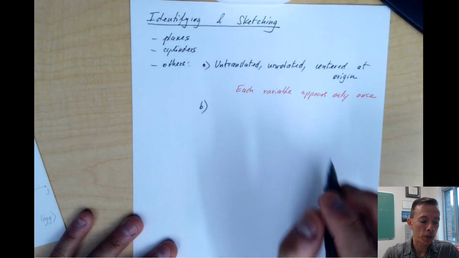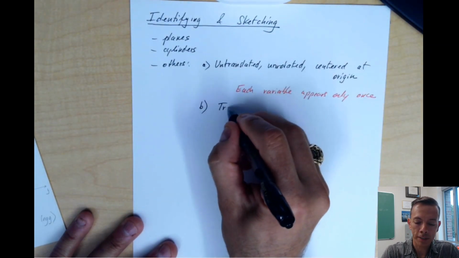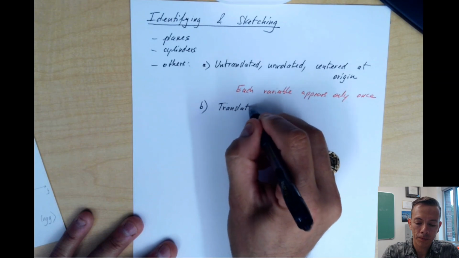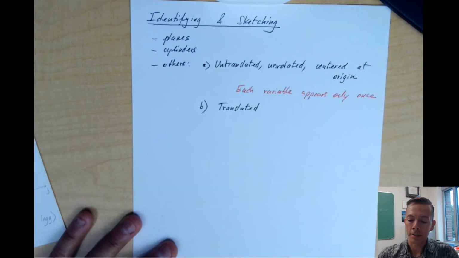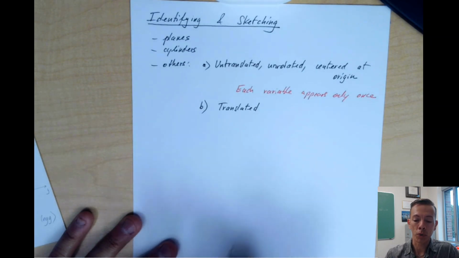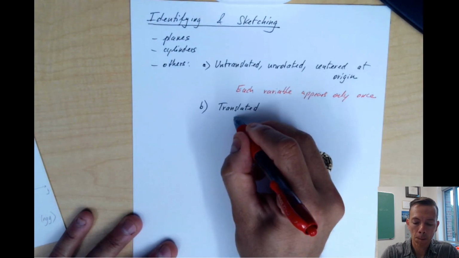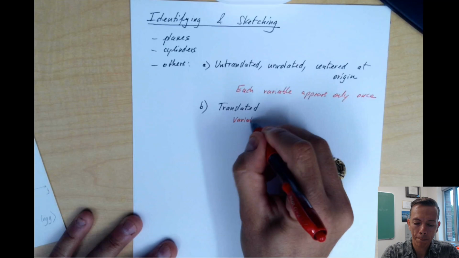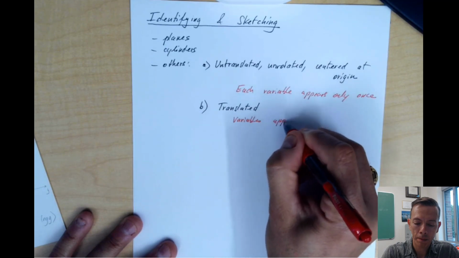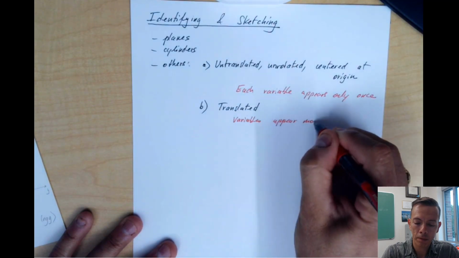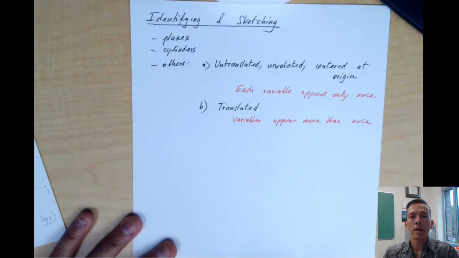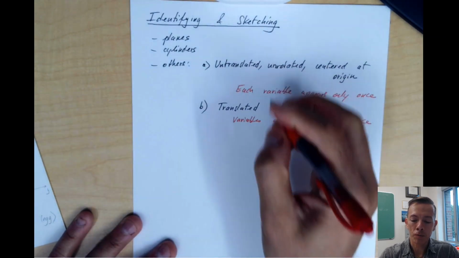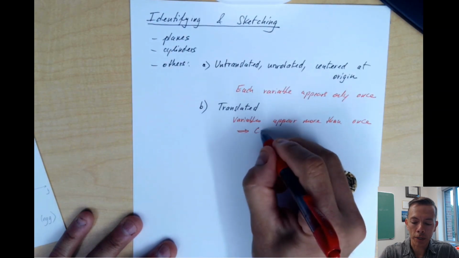Okay, later on we'll also look at the translated. If you have a translated, then the variables can appear more than once. But you can create perfect squares by completing the square.